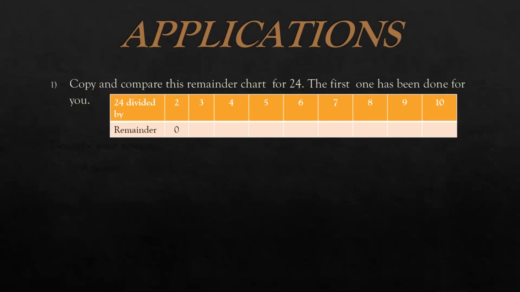So you need to write what remainder you are getting when you divide 24 by 2, 3, 4, etc. In the question itself, the first one has been done: 24 divided by 2. When you divide 24 by 2, you need to find whether 24 is divisible by 2.